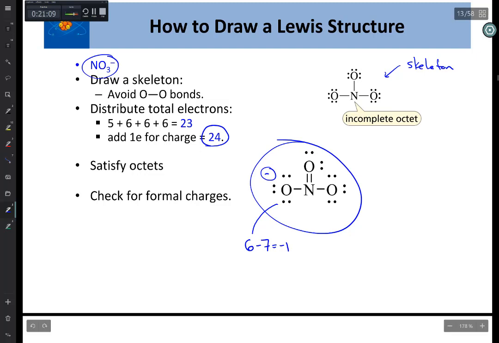So the other oxygen is just like the first one. Oh, I could have said one of these oxygens, not like the other song. Dang it. And then the nitrogen. The nitrogen, it's 5 minus 4, because there's no electrons free on it, so it's +1. So this is +1.